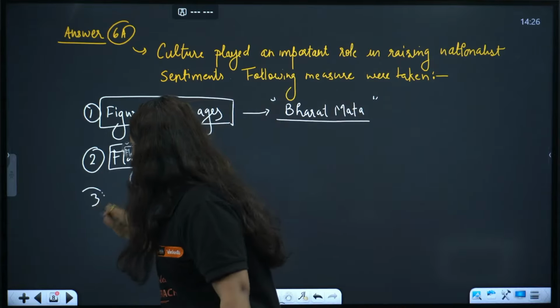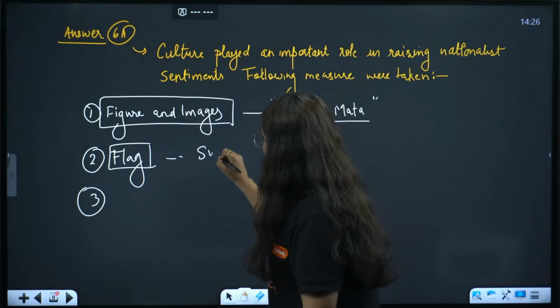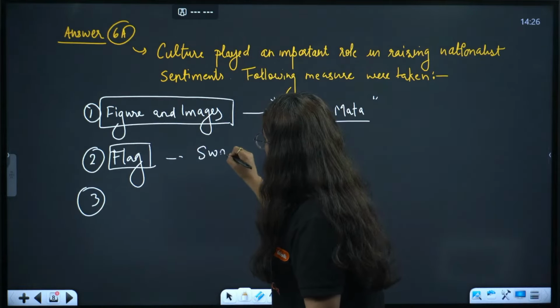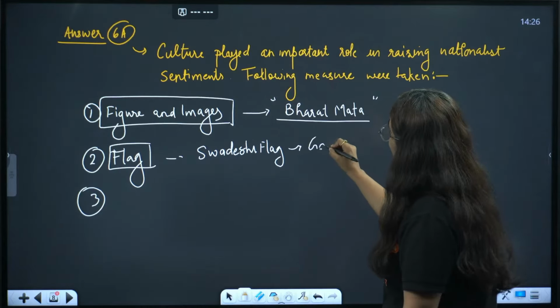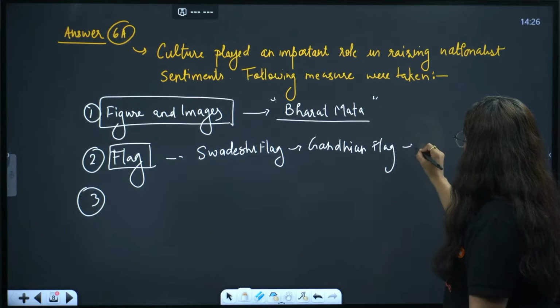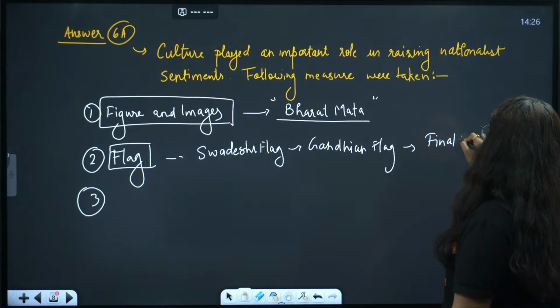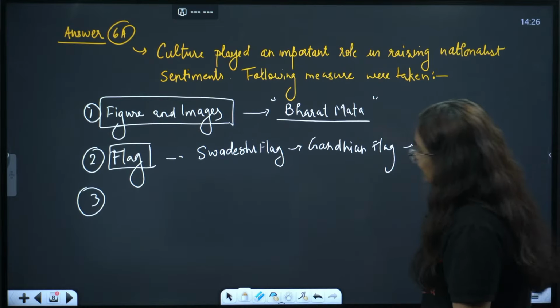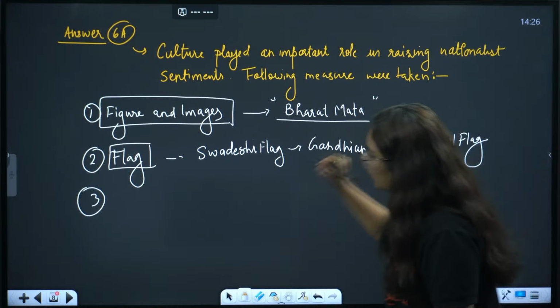Write the story completely. First the flag was known as the Swadeshi flag, then the Gandhian flag, and then the final flag design which we use today. So tell the story completely. The question is for 3 marks.